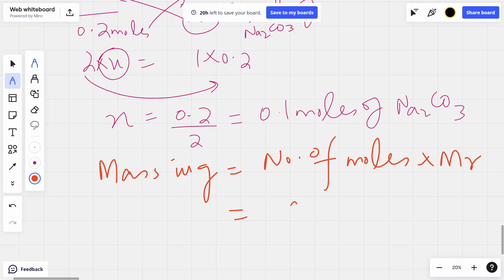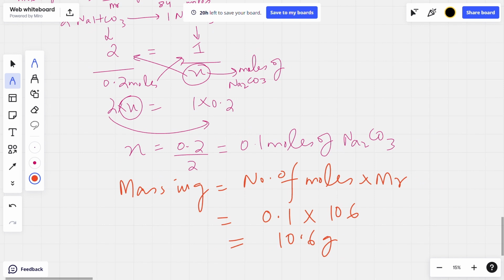So the number of moles is 0.1 multiplied by formula mass 106. So that would be equal to 10.6 gram. So what is the 10.6 gram here? It is the theoretical yield.